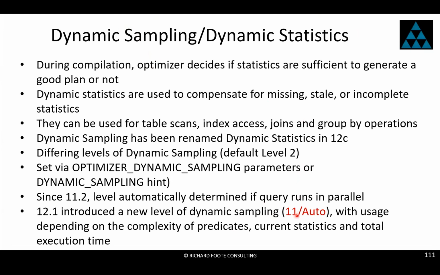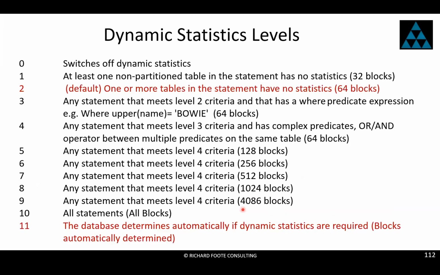And just note, since 12, there's the Spinal Tap level of dynamic statistics, which is 11, auto. Oracle will automatically, if it feels necessary, calculate additional statistics on the fly because the statistics that it currently has are inaccurate or missing.